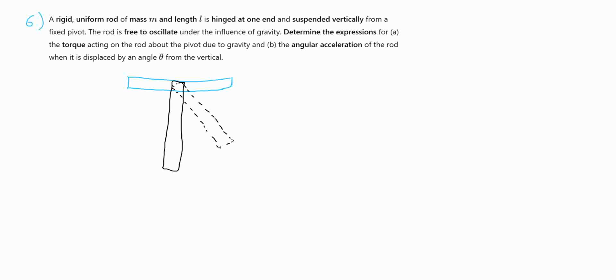So basically we can calculate the center of mass based on symmetry very easily. That is, the center of mass will be at the center because it is uniform, at a distance L by 2, and it is free to oscillate under gravity.